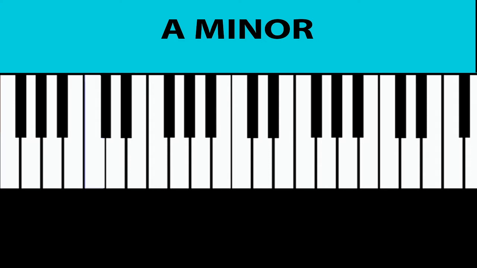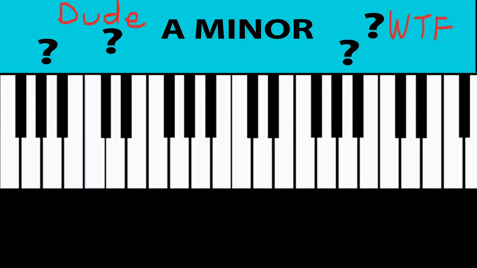But I learned it in C major. Right? How do you not scuffle? How do you not stumble at this thought of having to play that same melody pattern in a different key or a different mode or anything?